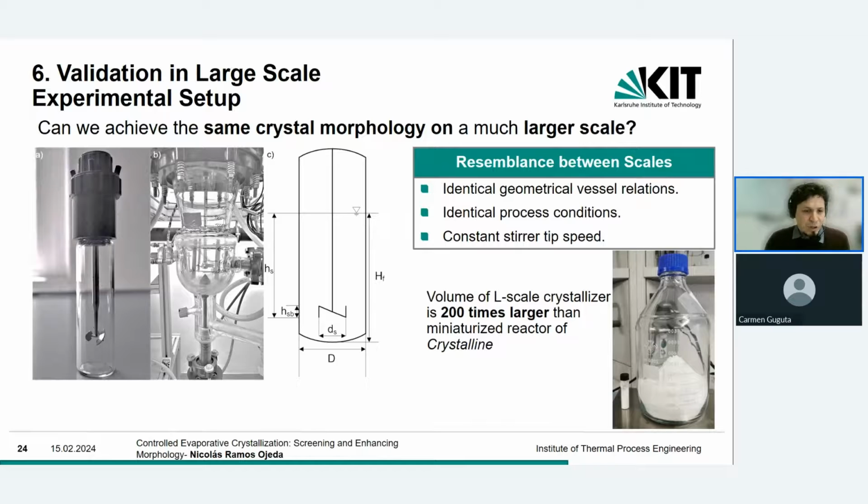So if we compare visually the difference between both scales, here is a typical vial, and that will be the volume when performing an experiment at the liter scale. We gave careful consideration to the selection of system dimensions in both systems, trying to closely match, for example, the diameter of the crystallizer in relation to the diameter of the stirrer, the level height in relation to the height of the stirrer, and that kind of geometrical consideration.